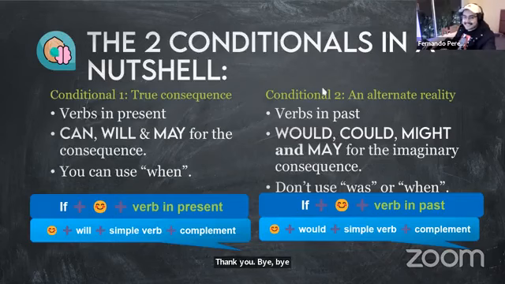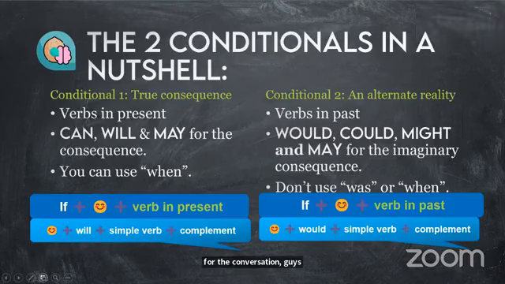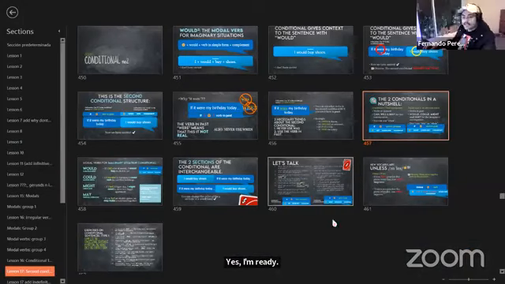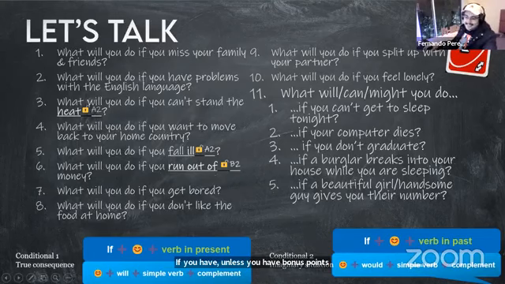All right. So there was the thing, unless. Are you ready for the conversation, guys? Yes, I'm ready. Excellent. Let's continue talking. Now, you need to use unless. If you have unless, you have bonus points. So let's practice.